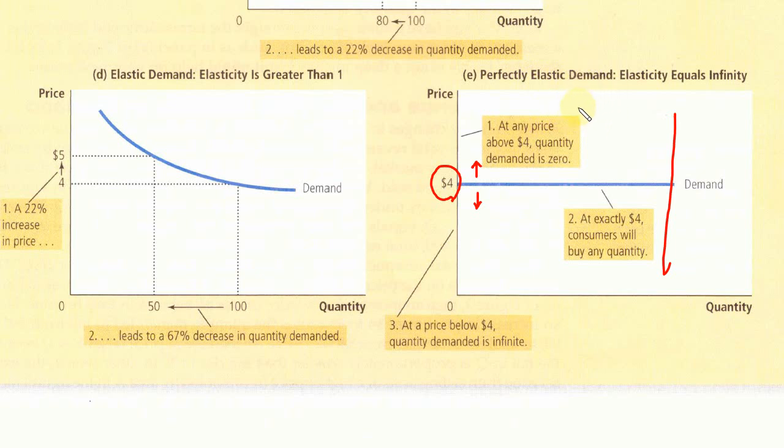In that case, even with a big variation of price, there is no variation of demand. But with perfectly elastic demand, even a small variation of price gives a big variation of demand. So you have to distinguish the two opposite phenomena. Then we will see more next.